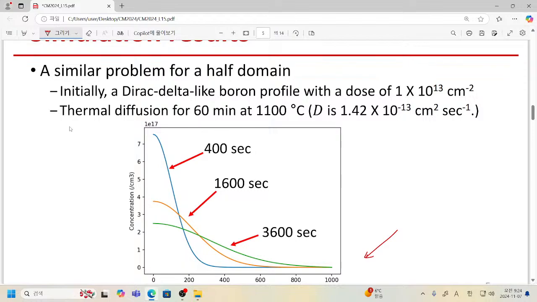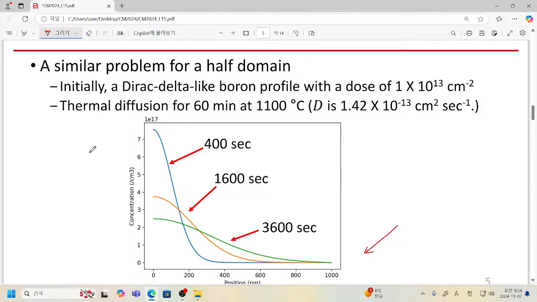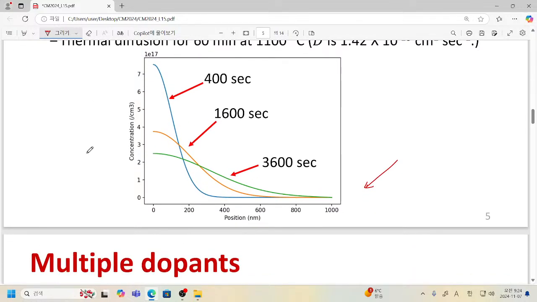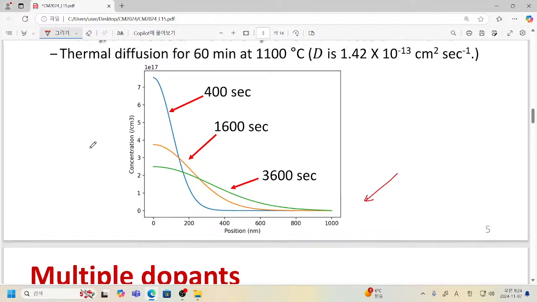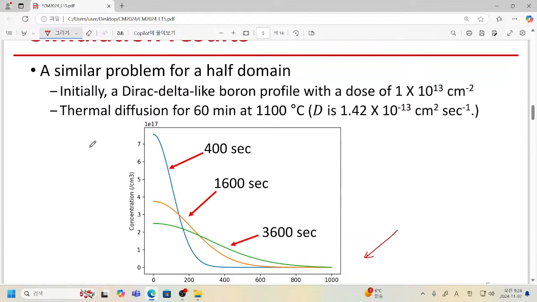So that is a kind of different domain, and when a boundary condition is given, then we are able to implement it properly.